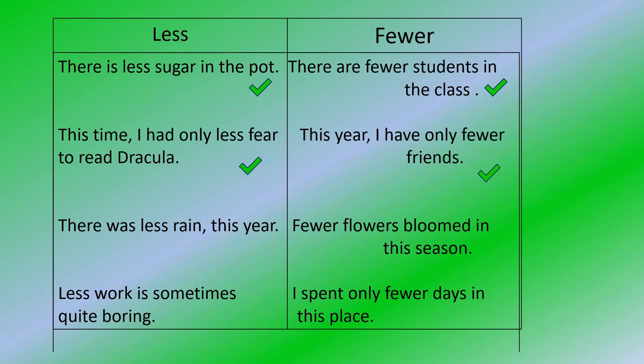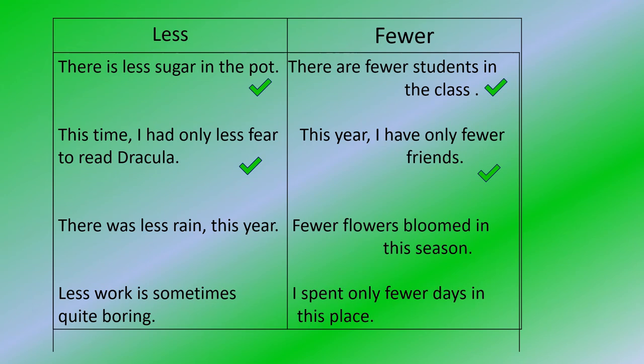The fourth sentence. This year, I have only few friends. Fewer, the determiner that we used in this sentence to introduce the countable noun friends, and a comparison is evident in this sentence also.